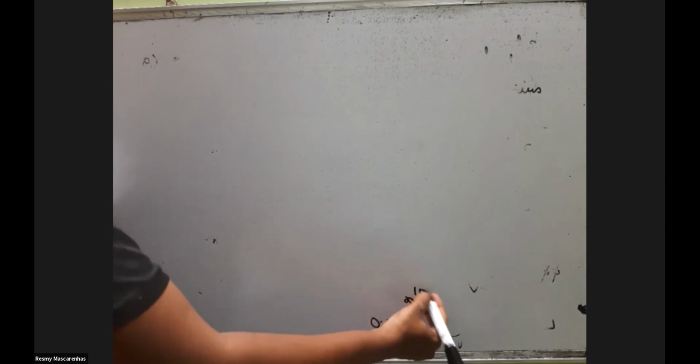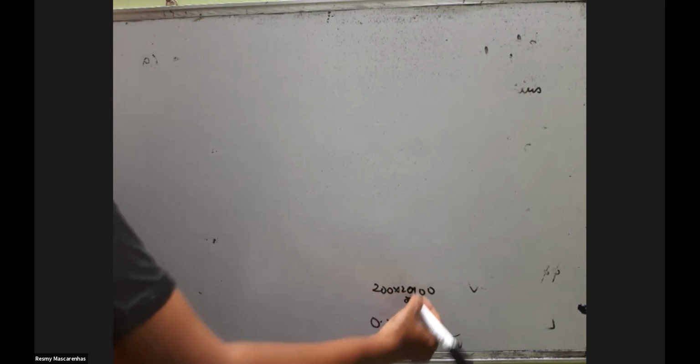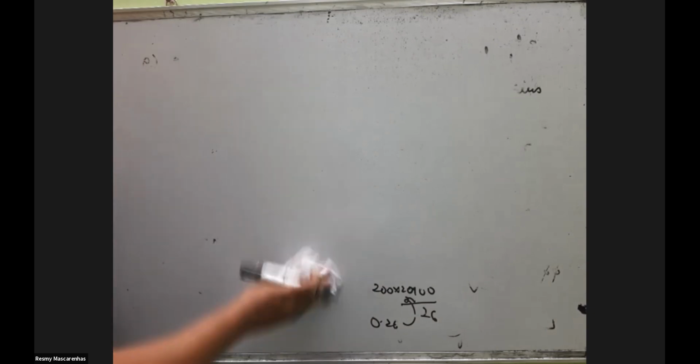That 0.26 you can take two zeros up. So this will become 200 into 20 into 100 upon 26, and then you can calculate. Anytime you remove decimal points, you can add zeros on numerator. This is enough.